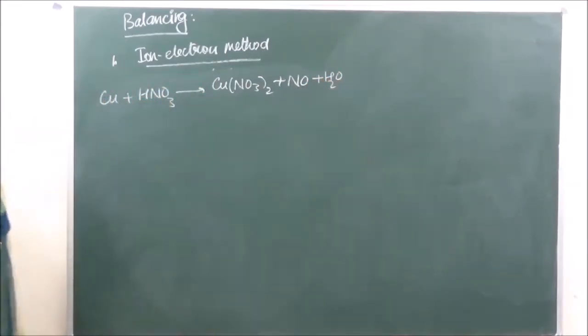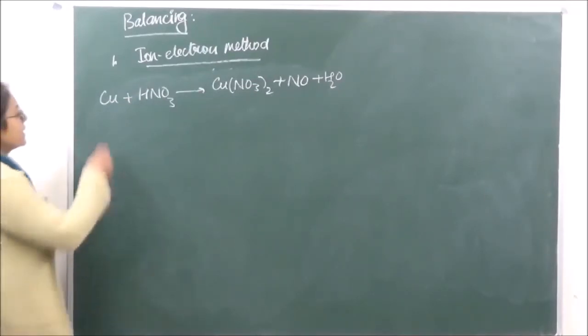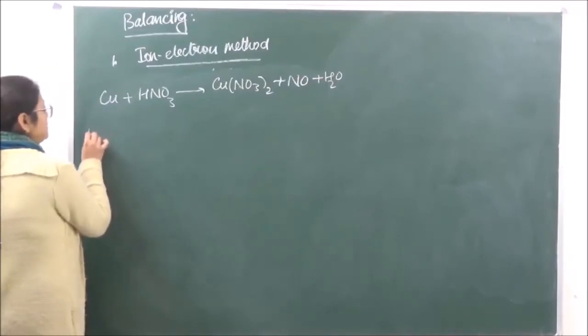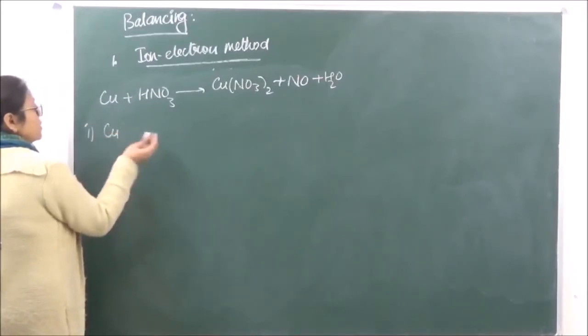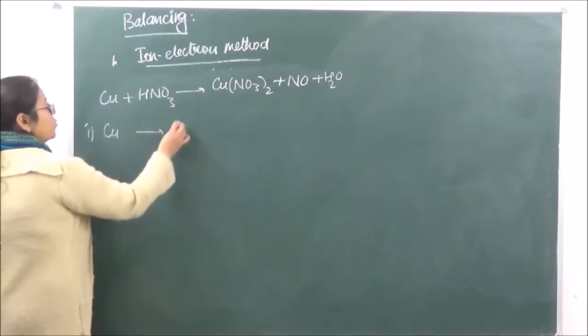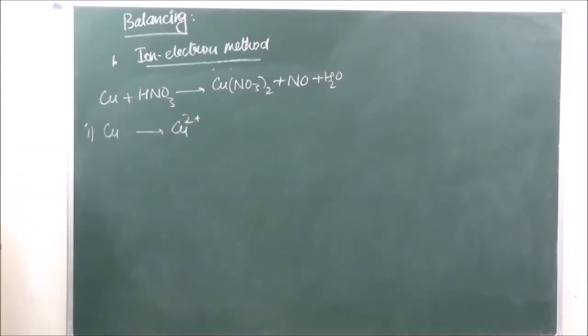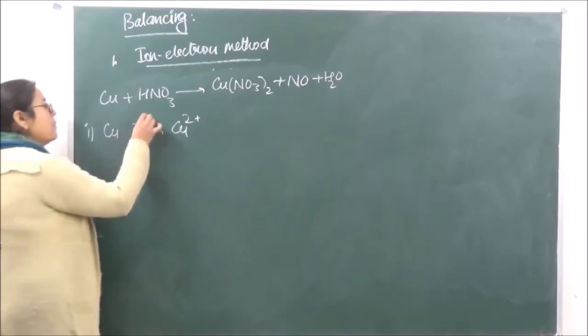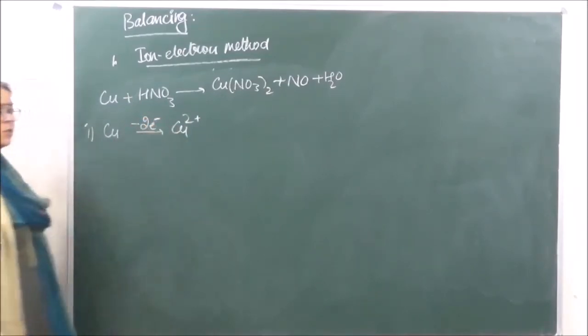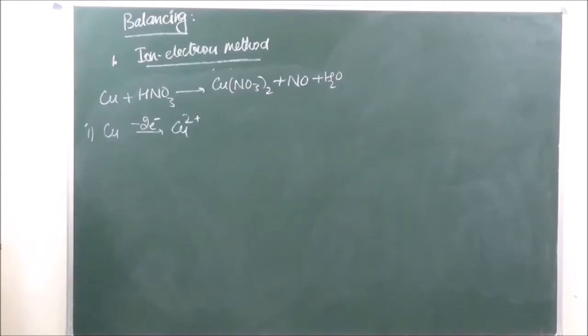Okay. Now over here again we will have to write the ionic reactions. What is going to be the ionic reactions? Copper is converted into Cu2+. Okay, 0 to 2, that means the number of electrons exchanged over here is going to be minus 2. Right?